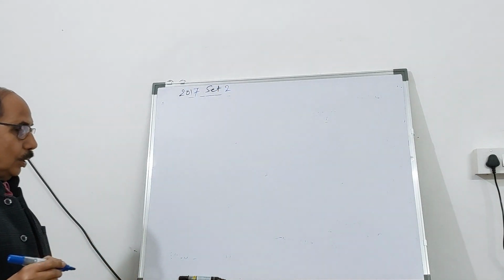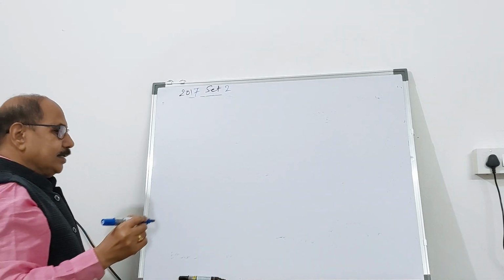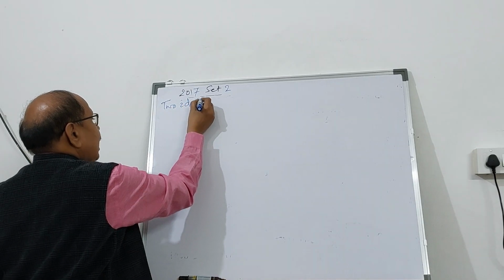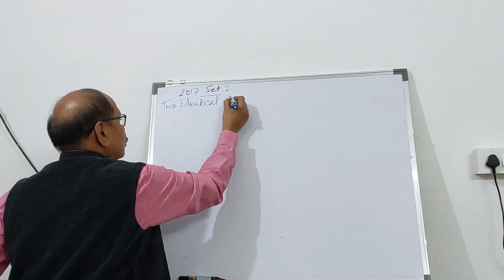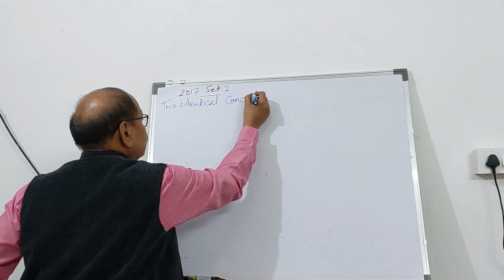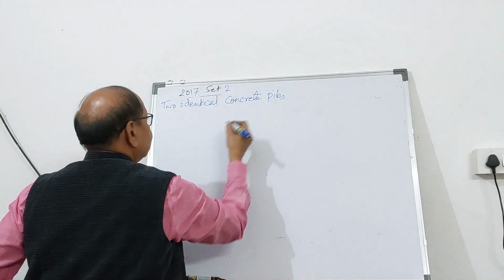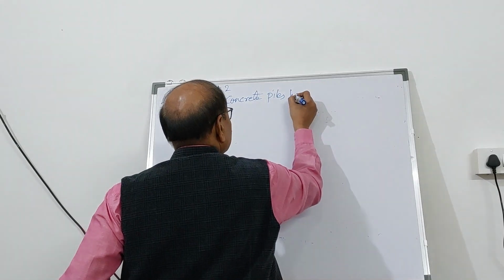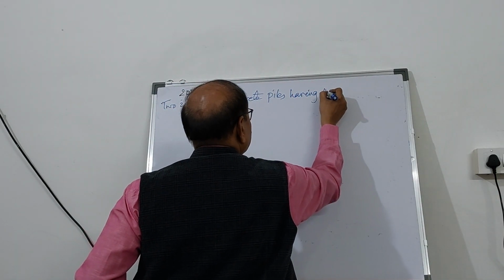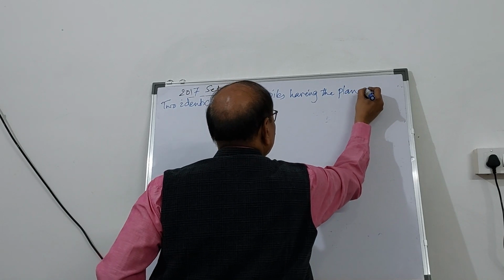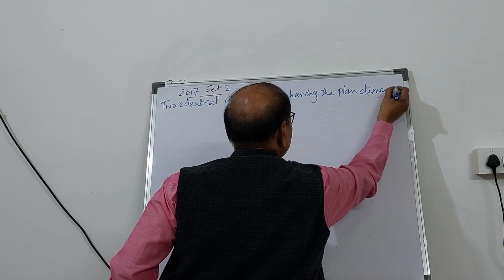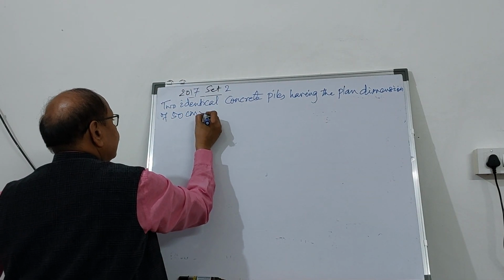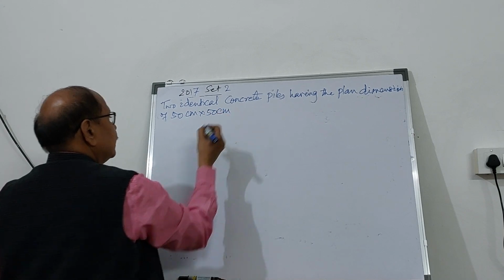Set 2. The problem is: two identical concrete piles having the plan dimension of 50 centimeter by 50 centimeter.